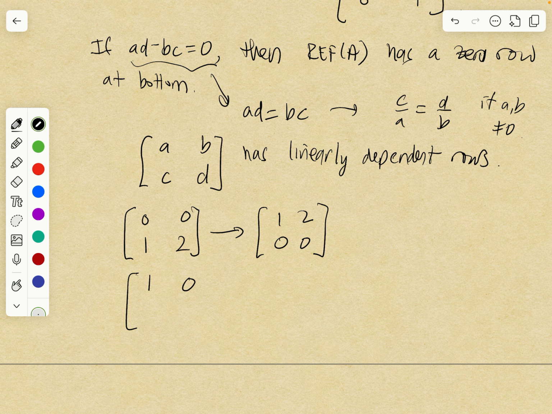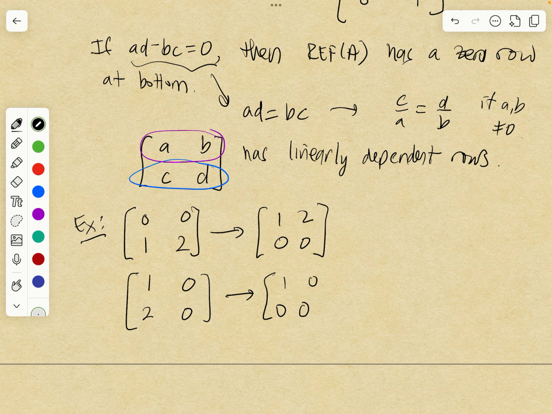If C over A is equal to D over B, then basically this second row is a scalar multiple of the first row. But you could have that the first row is a scalar multiple of the second row if one of the rows is 0, and so there are different cases to look at, but basically you're going to get something like this. This is also going to row reduce to a matrix with a 0 row, and you'll see that the matrix cannot be the identity matrix.